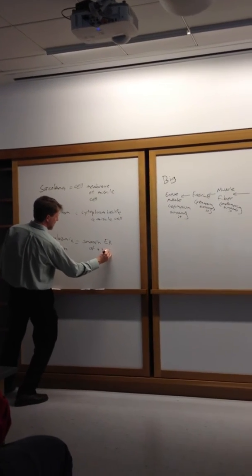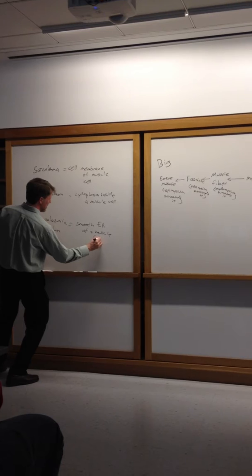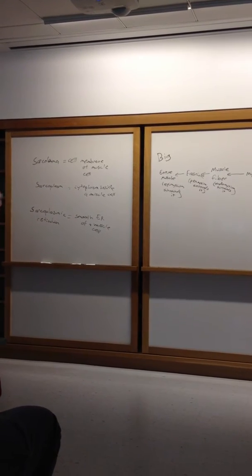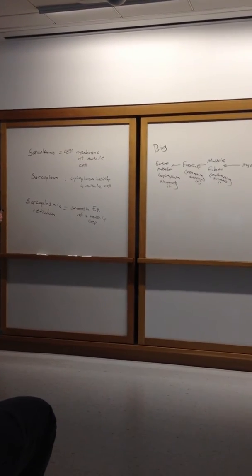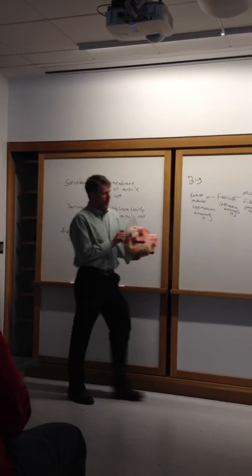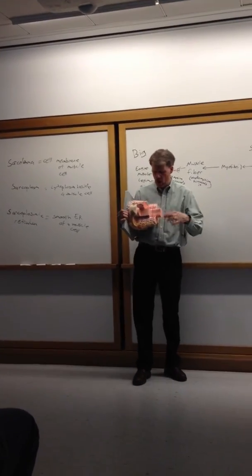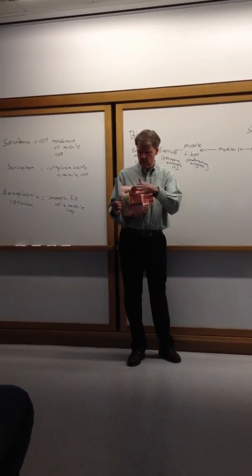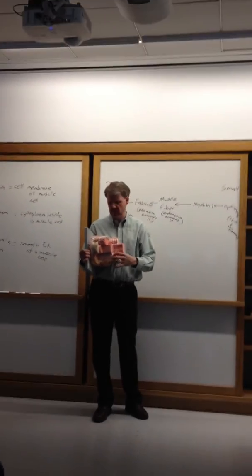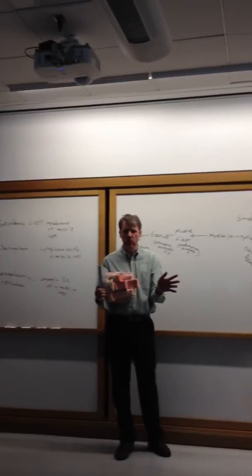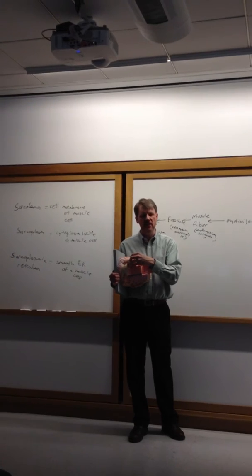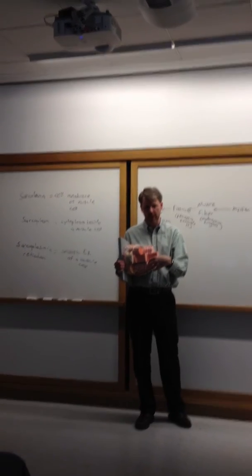Lots of weird words to know. It's just that they refer specifically to things in a muscle cell. On this model, all of this stuff shown in white is sarcoplasmic reticulum. When a muscle's relaxed, lots and lots of calcium is stored inside of the sarcoplasmic reticulum.